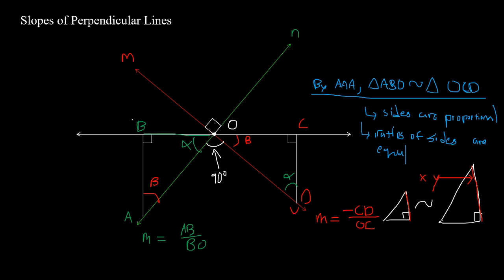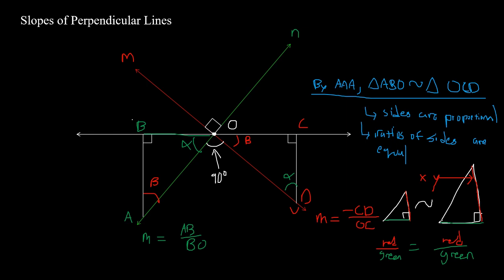Since ratios are, let's say, red over green, for example, this green line over here, red over green in the small triangle is going to be equal to red over green in the big triangle.